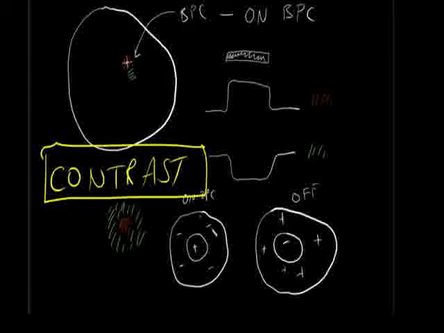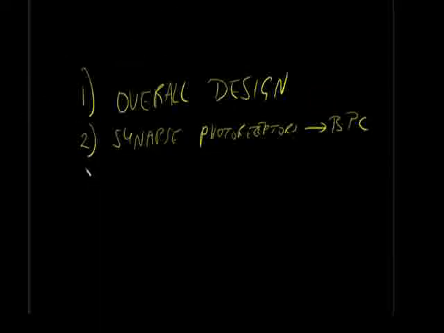In other words, a constant light over the whole thing wouldn't cause a response. It's only when there is light at one point and dark at another that I get a response in these bipolar cells. That's why I say they're all about contrast. So that's our third thing that we wanted to talk about, which is lateral inhibition and contrast.